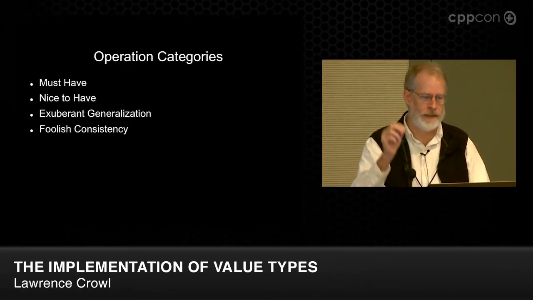So focus on the must-have operations. Implement those. Once you have those working, then you can go through the nice-to-haves and implement those that you can do without interfering with the representation or the other operations, and then ignore the rest. Because if you implement the rest, you're now suddenly committed. You'll have customers and you can't change it. Whereas if you don't implement those, then you have more flexibility for change in the future.